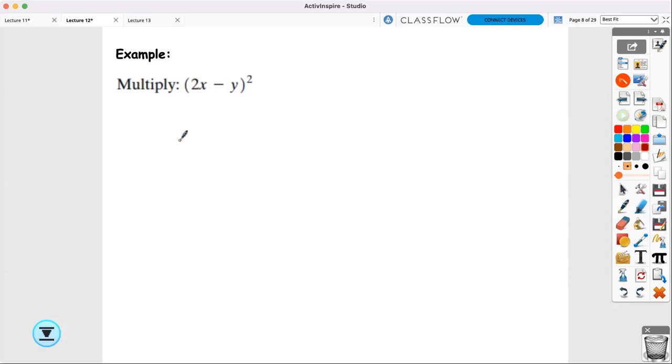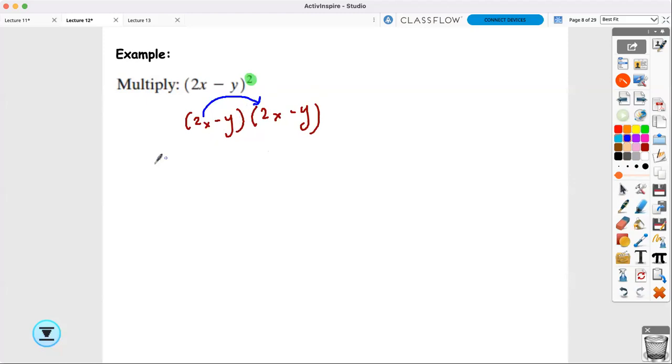All right, for this one, guys, we're gonna be multiplying 2x minus y times another 2x minus y. Cause you know how it's squared? That squared means it's being multiplied to itself twice, which is why it's there twice. Now we're gonna do the same logic and multiply with the arrows using the arrow logic.